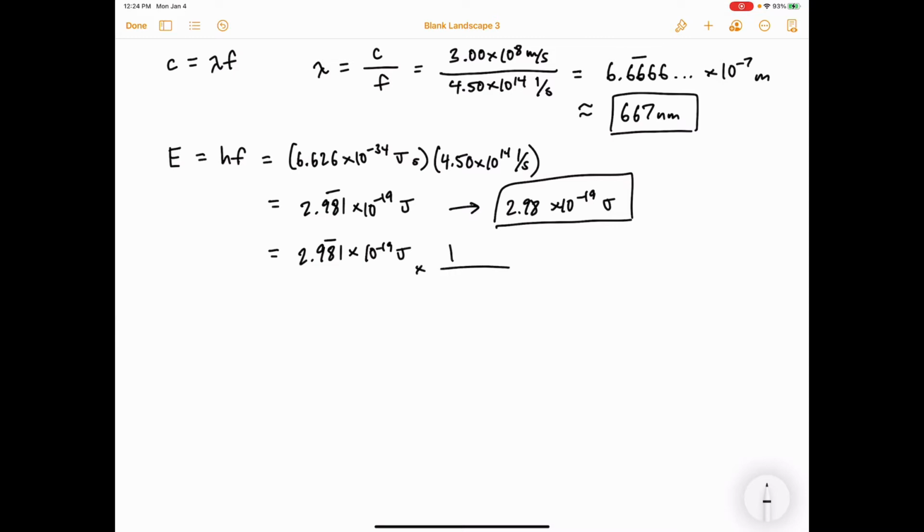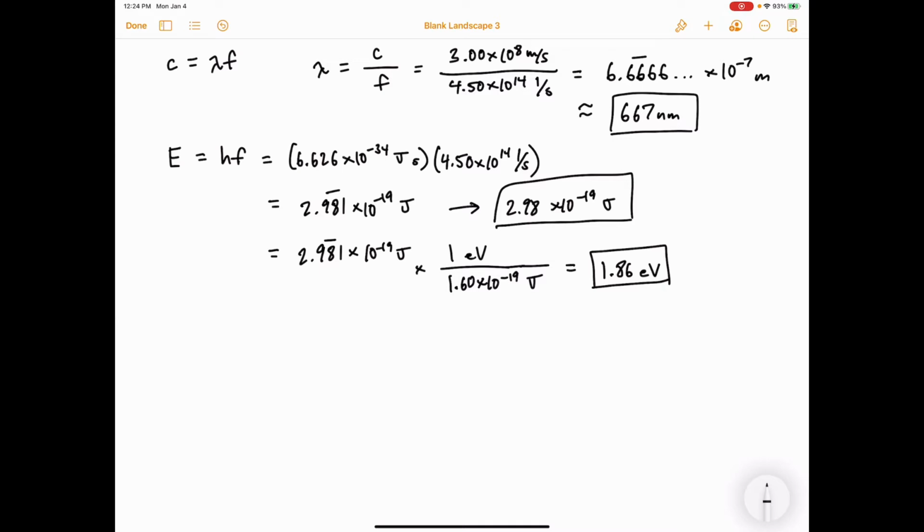And in every 1 electron volt, we have 1.60 times 10 to the minus 19 joules. That's the conversion. So in electron volts, this would be 1.86 electron volts. So typically visible light is a couple electron volts in terms of the energy of each photon.